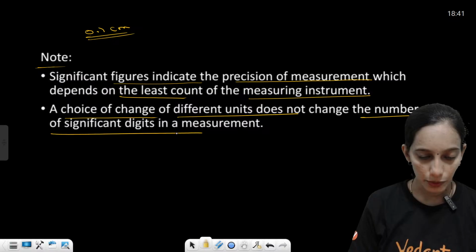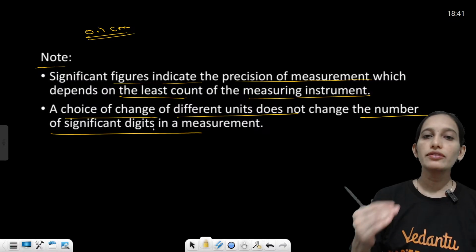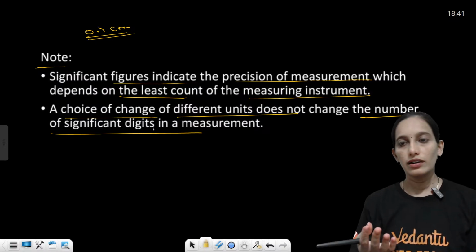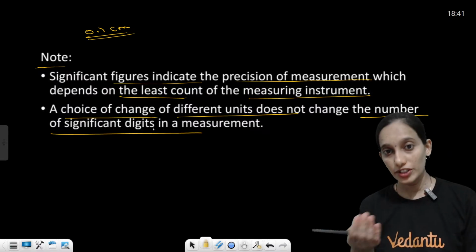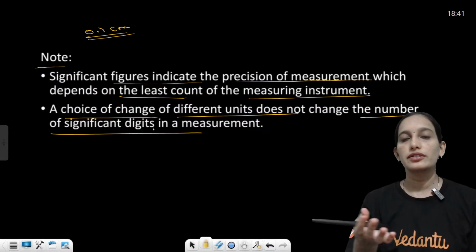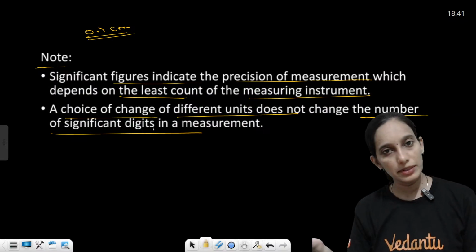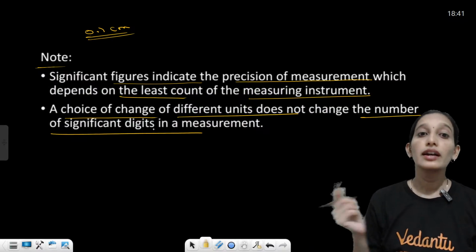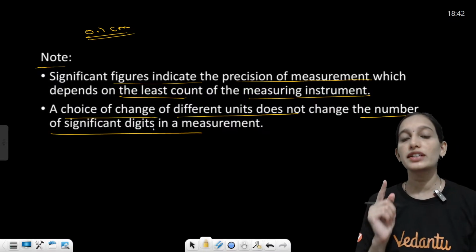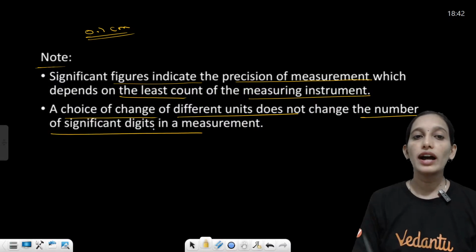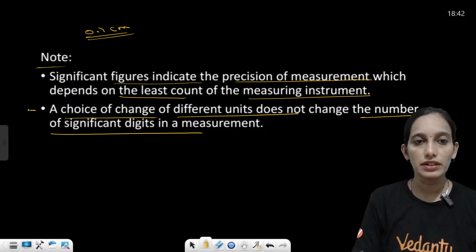This is very important. If I write in meters and then go to centimeters or kilometers, it should not change the number of significant digits. That is the idea we have to keep in our mind.